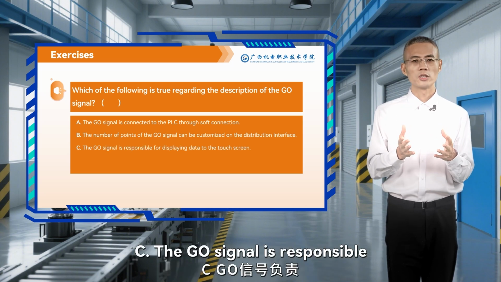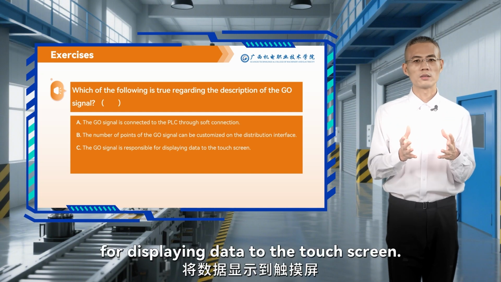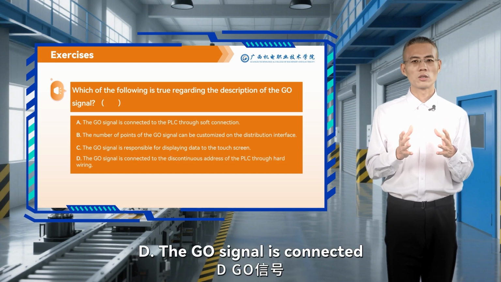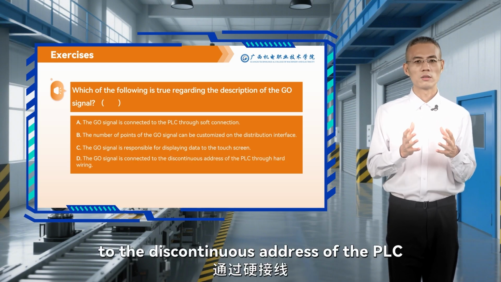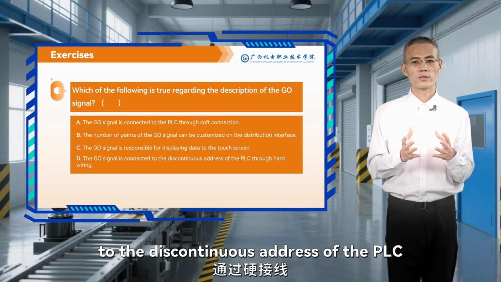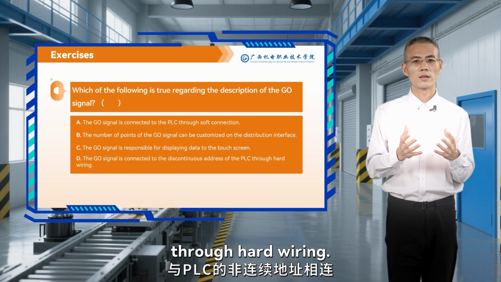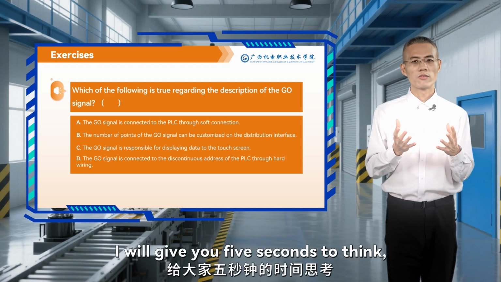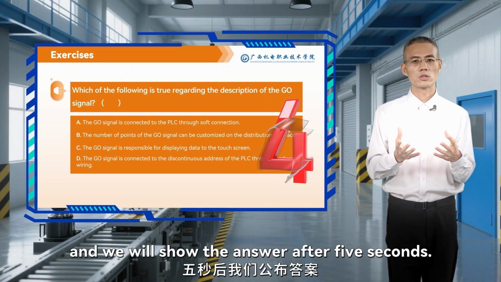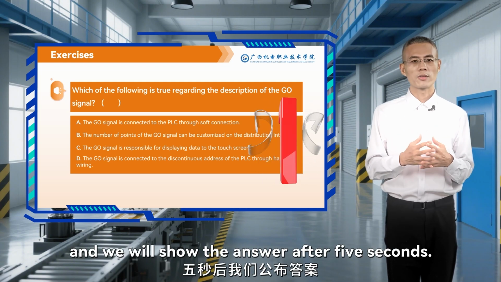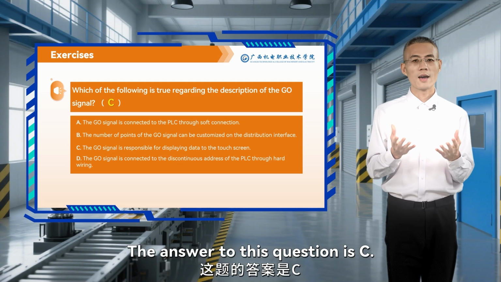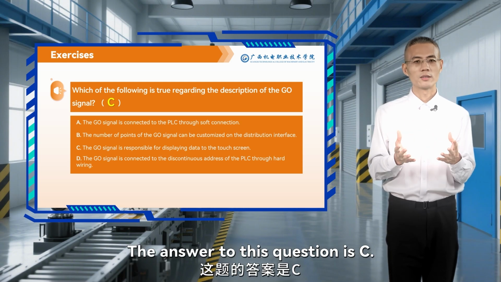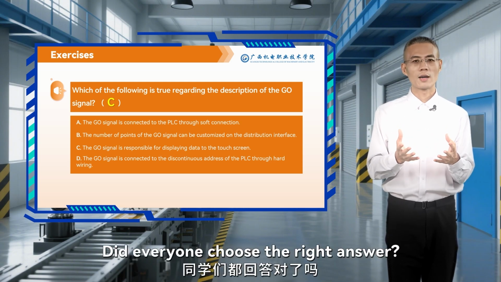C. The GO signal is responsible for displaying data to the touch screen. D. The GO signal is connected to the discontinuous address of the PLC through hard wiring. I will give you 5 seconds to think and will show the answer after 5 seconds. The answer to this question is C. Did everyone choose the right answer?